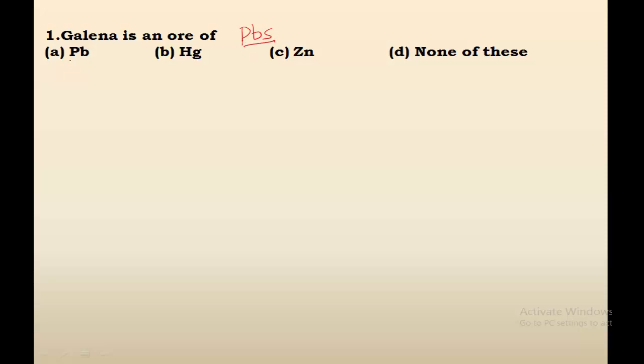So it is the ore of lead, Pb, option A. And for Hg, remember, cinnabar, HgS. So cinnabar is the ore of Hg. And zinc, you have many things. You can remember any 2-3 ores. So option A is the right one.